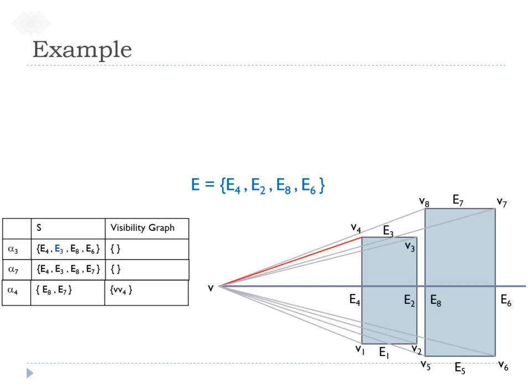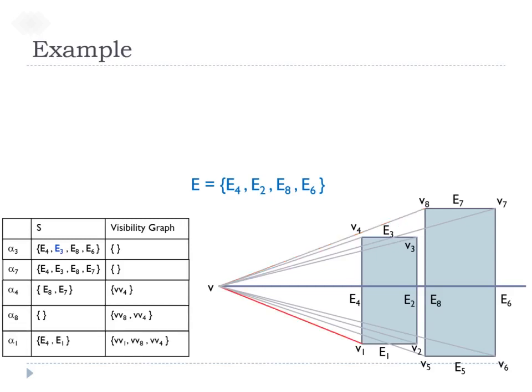So what remains is only E8, E7. Similarly for V8, you can see that now V8 is the endpoint of E7 and E8 edges, and therefore both these edges are discarded from the active edge list S. At the same time, VV8 is added because V8 is a visible vertex.